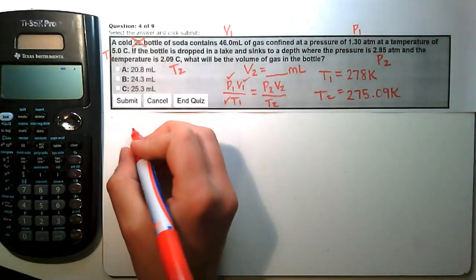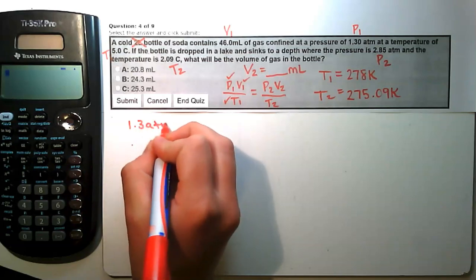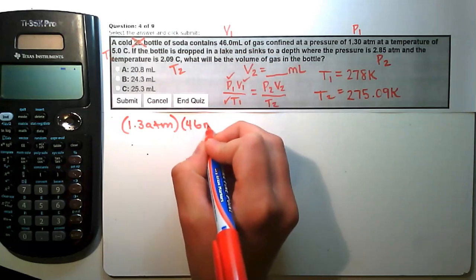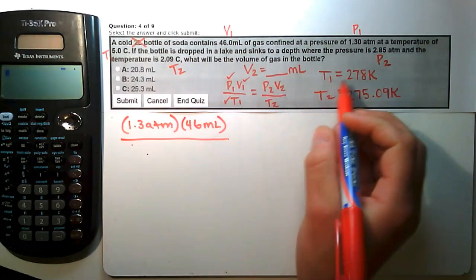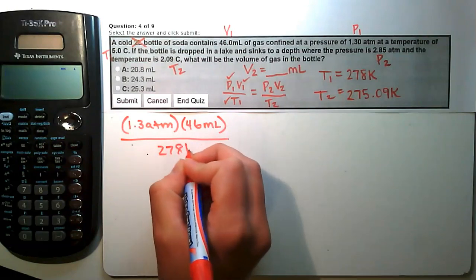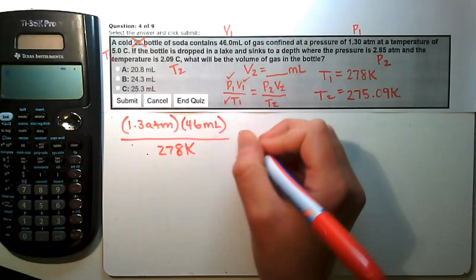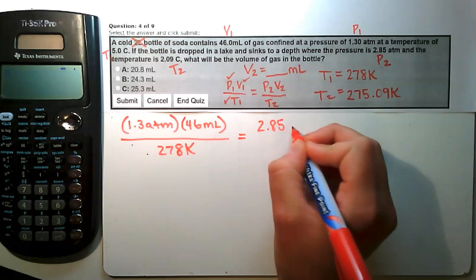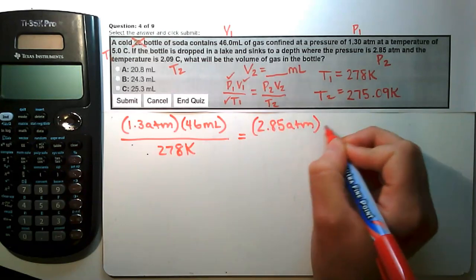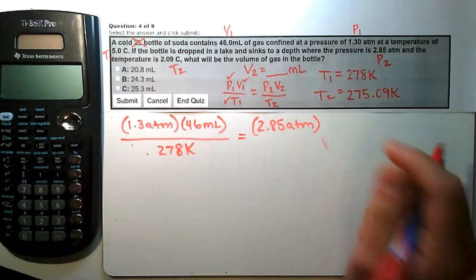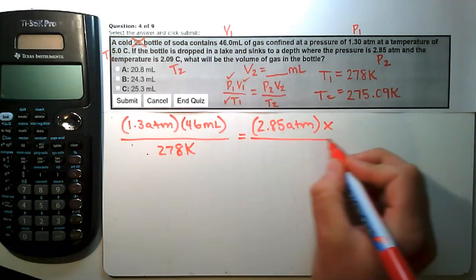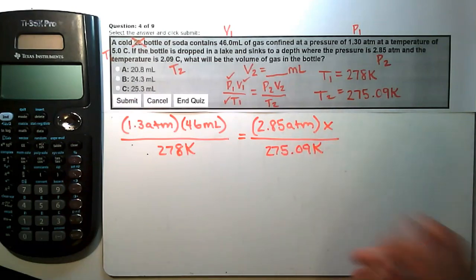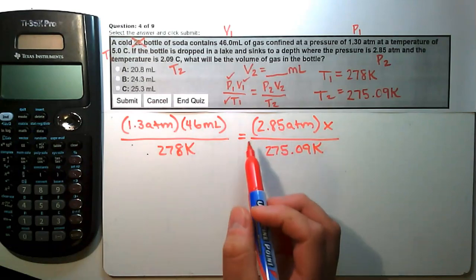P1 is 1.3 atm times V1, which is 46 milliliters, over T1, which is 278 Kelvin, equals P2, 2.85 atm, times V2, which we don't know, so we're actually going to put in X, over T2, 275.09 Kelvin. Okay, now we need to cross multiply.